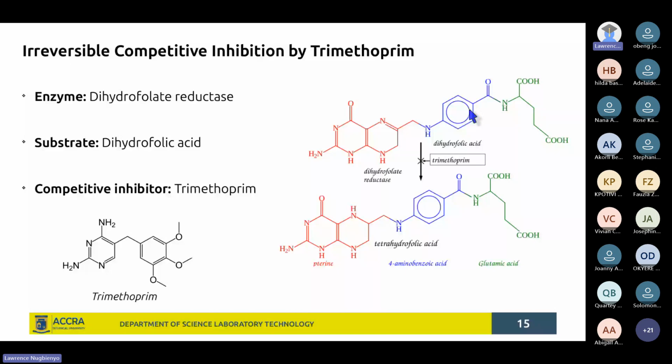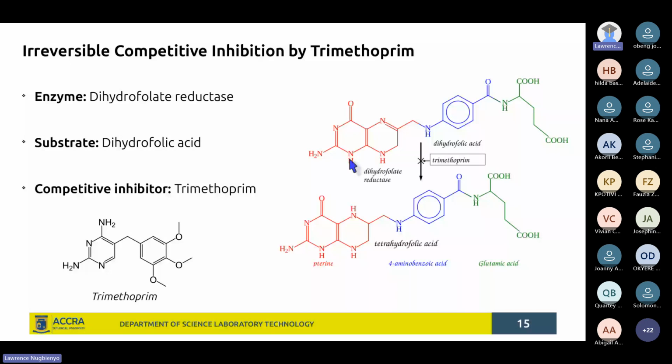But the only thing is, if you take a close look at the structure of trimethoprim and the structure of dihydrofolic acid, you realize that the structures are not so much the same, but if you take just the very first ring, there is a resemblance, apart from some hydrogen on the first ring, on that nitrogen.